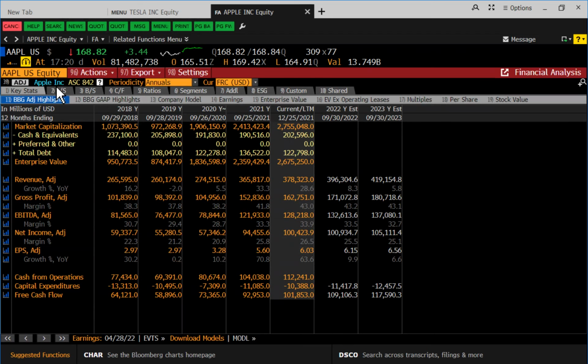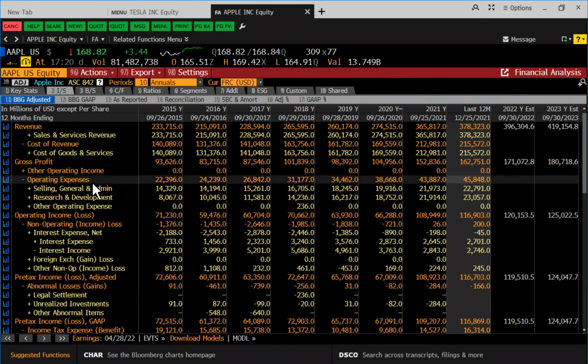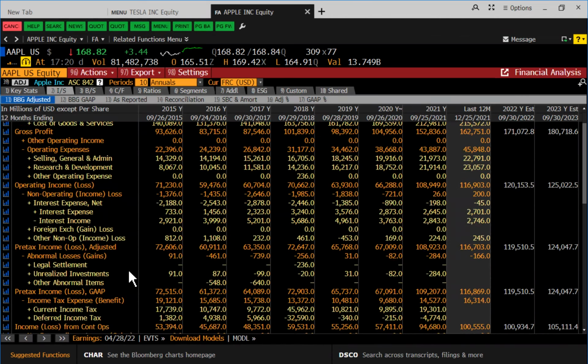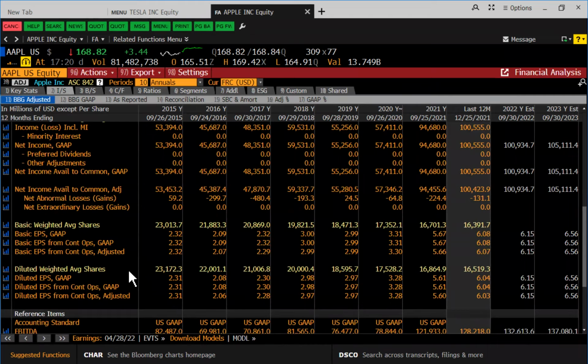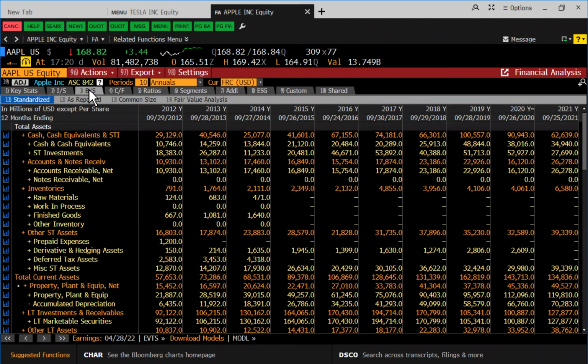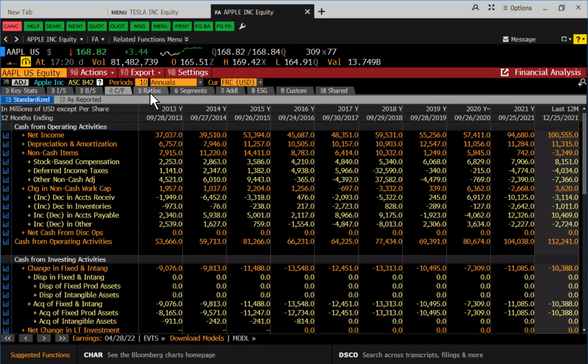And you can also change it to here, for example, the operating income, and all the way here to their income statement. And this is probably their balance sheet and cash flow statement and their ratios.